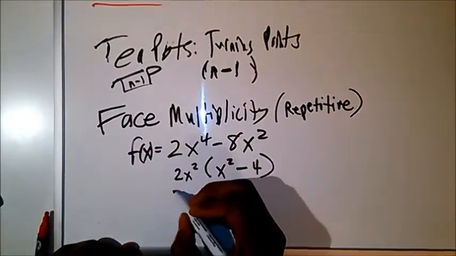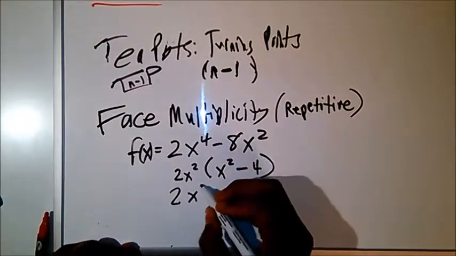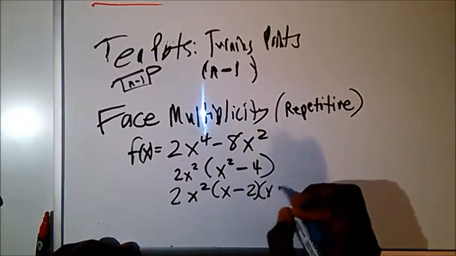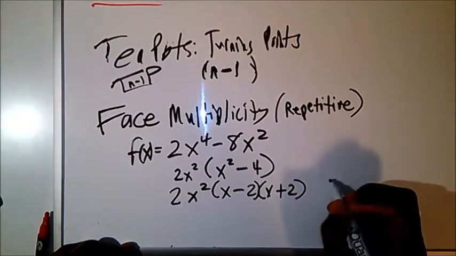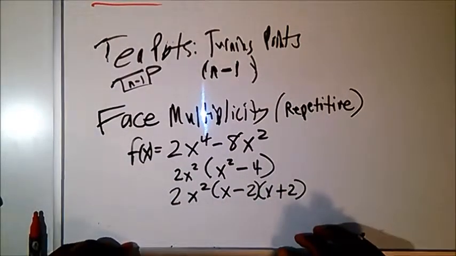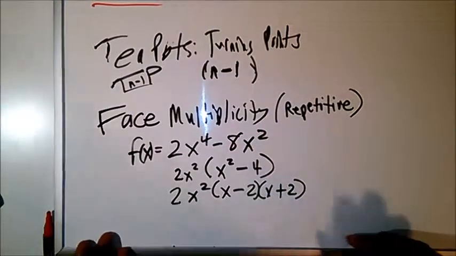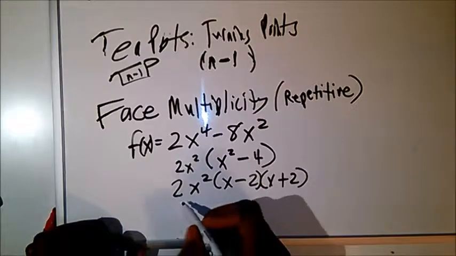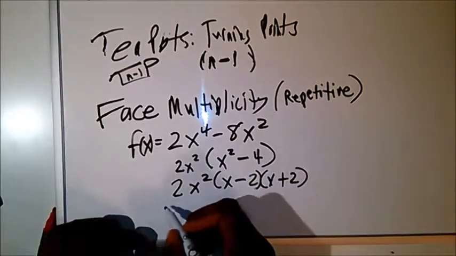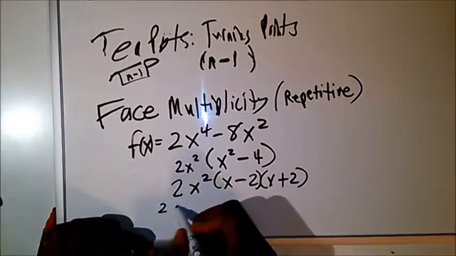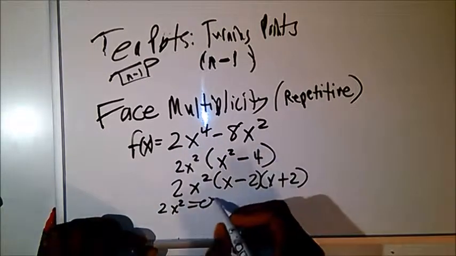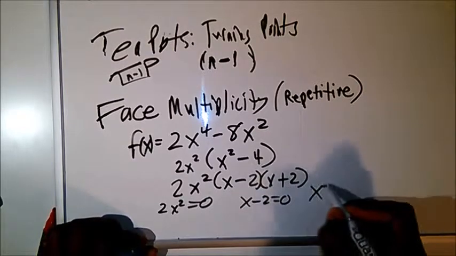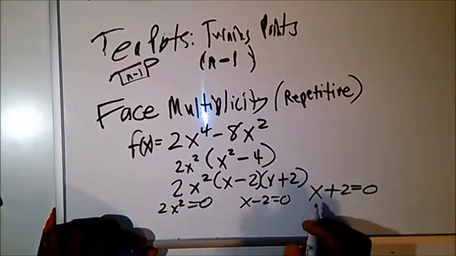We have more space here. 2x squared times x minus 2 times x plus 2. Okay. Now that's factored. What we're going to do now is take all these factors and solve for x. Sorry, it's not solve for 0, solve for x. Set them equal to 0. So 2x squared equals 0. Right? X minus 2 equals 0. And then x plus 2 equals 0.